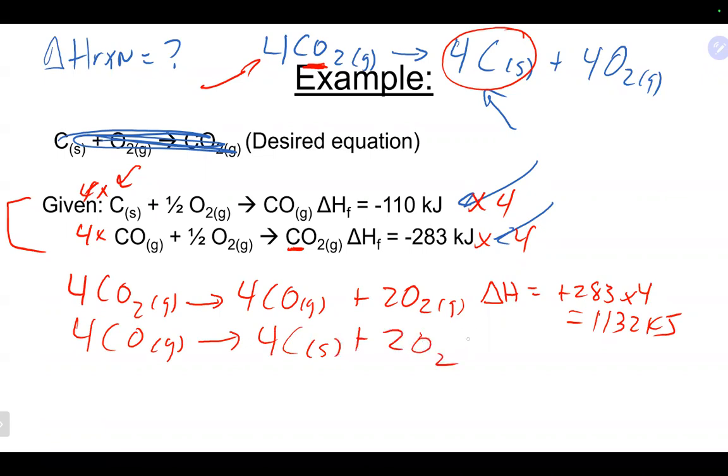And that will get us a delta H that also will become a positive 110 times 4. Again, positive because we reversed it, and 4 because we multiplied by 4, which will give us our 440 in this case.